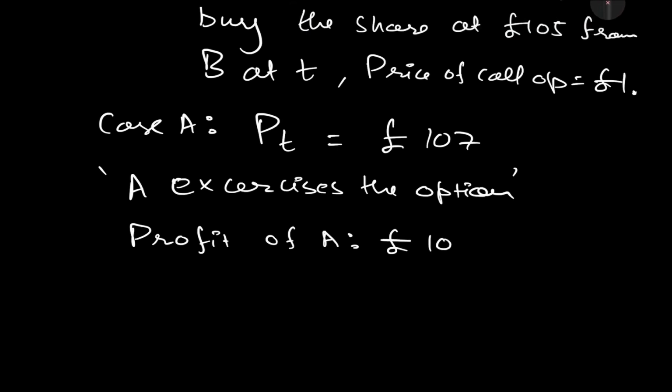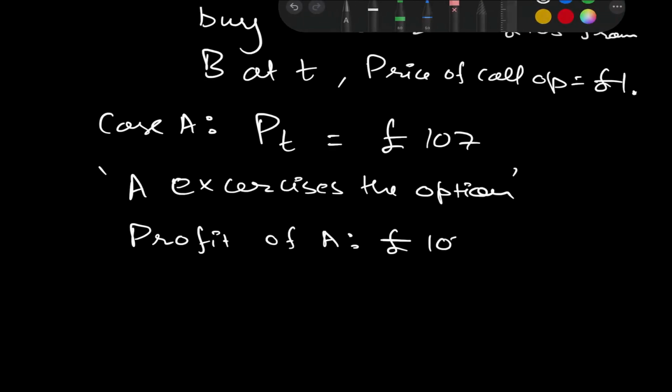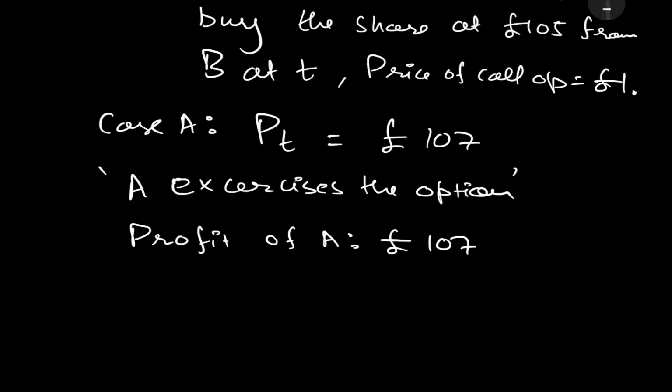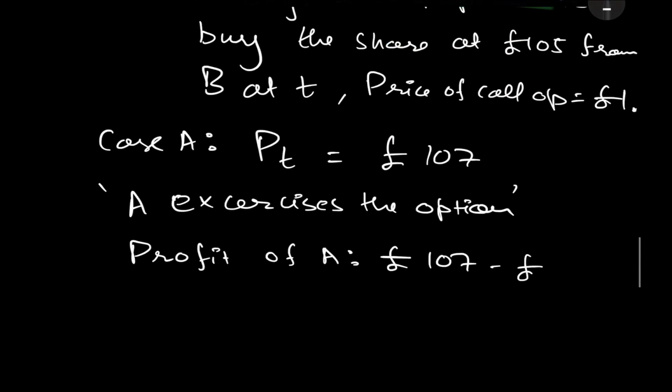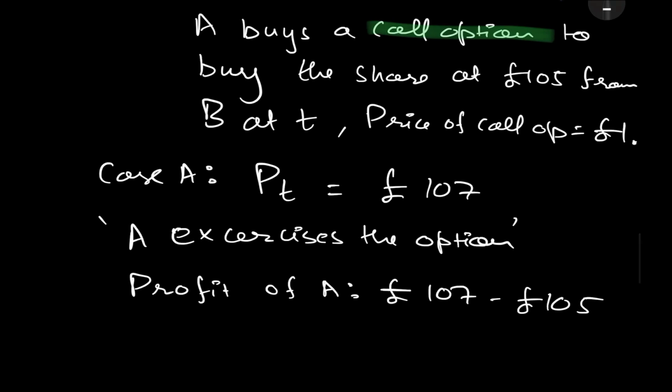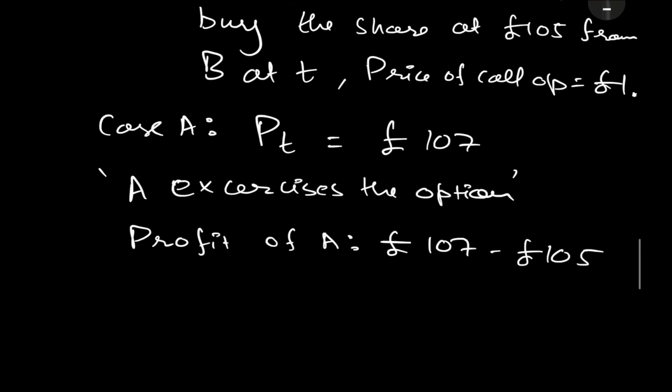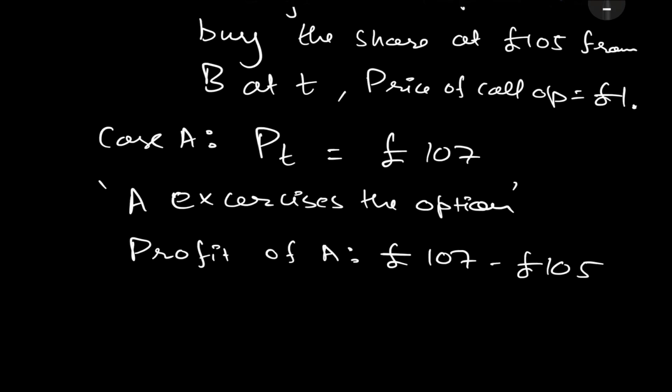Once he buys it, he can just immediately sell it, minus the exercise price of the option that he or she will have to pay to B for buying the share. So this is the profit at time t. But also A had to pay £1 additional for the price of this option. So this will also not be kept by A.